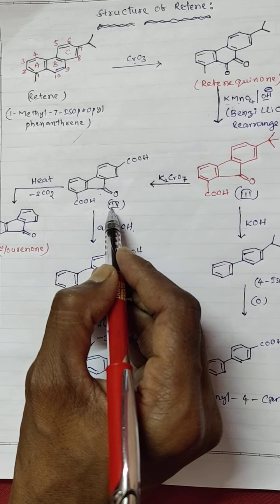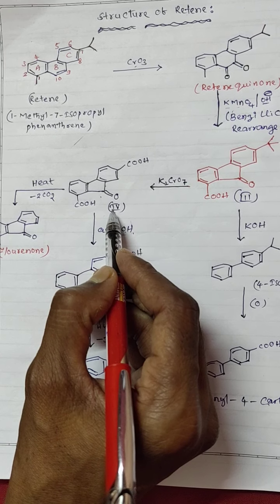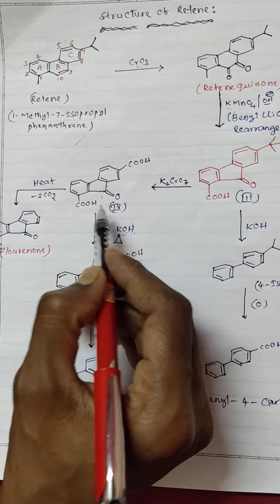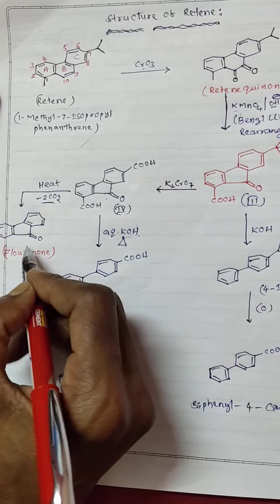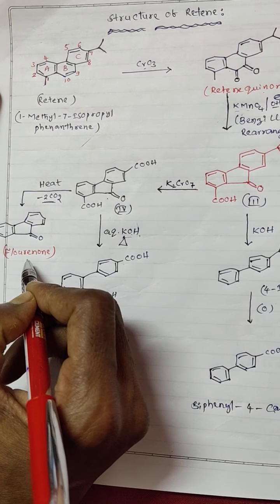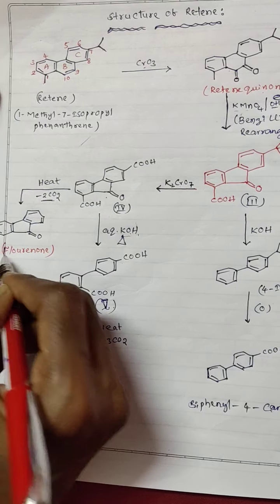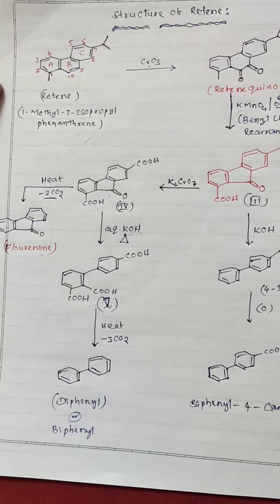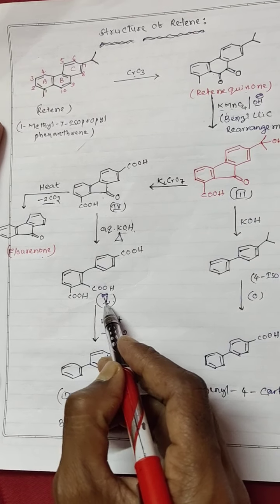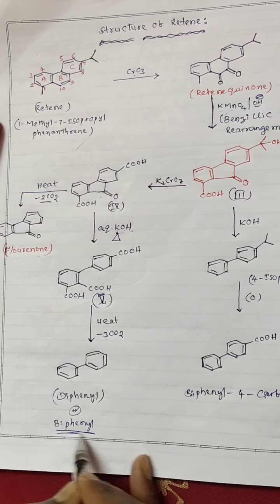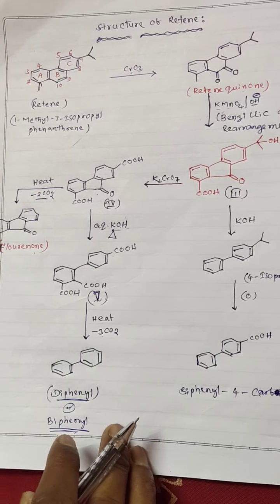As well, on heating the fourth compound, removal of carbon dioxide forms fluorenone. And on heating the fifth compound, it forms biphenyl or diphenyl.